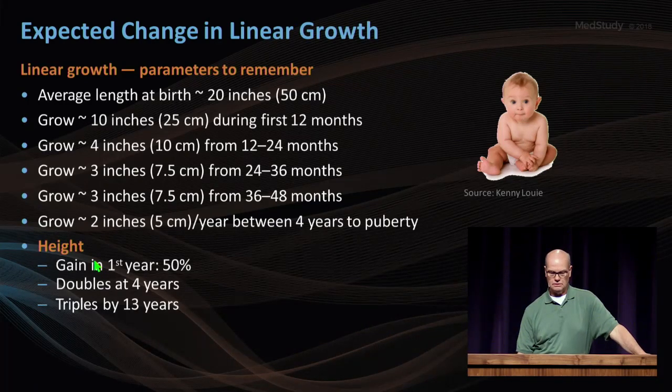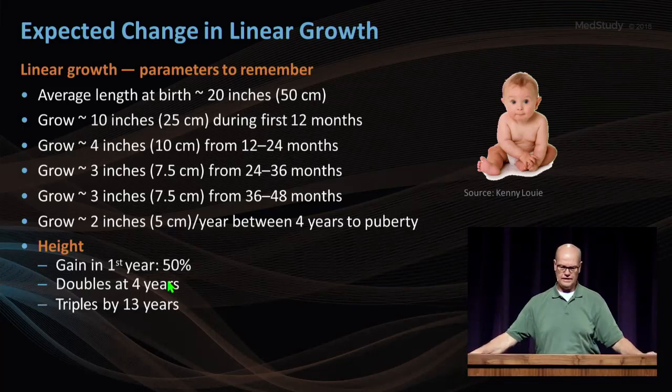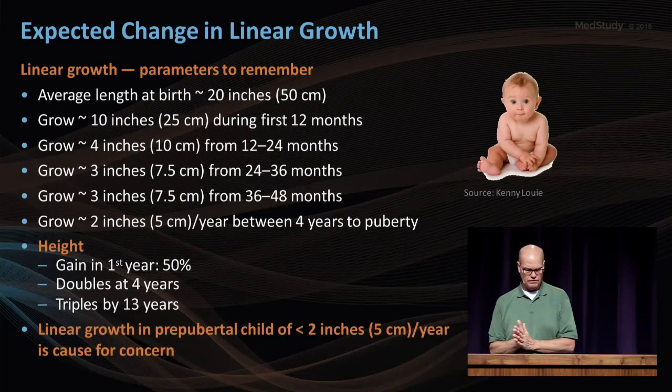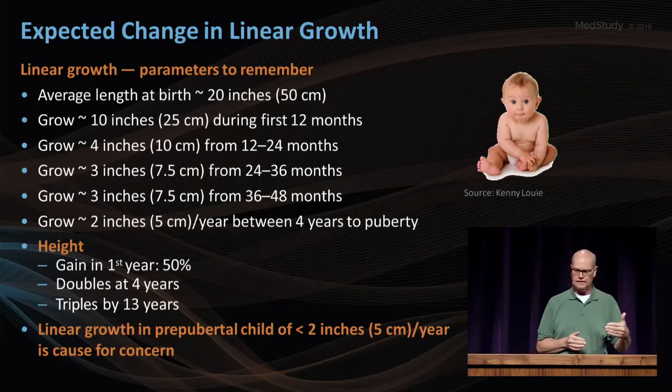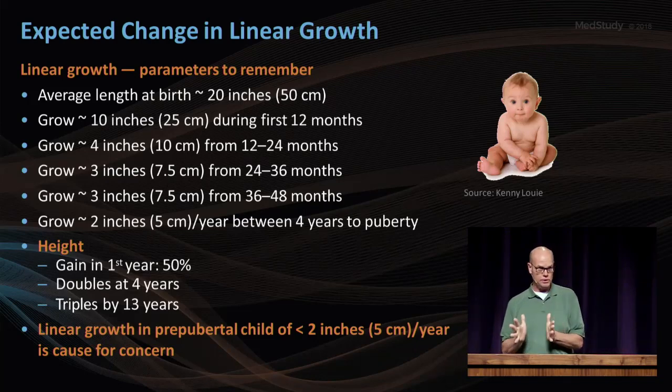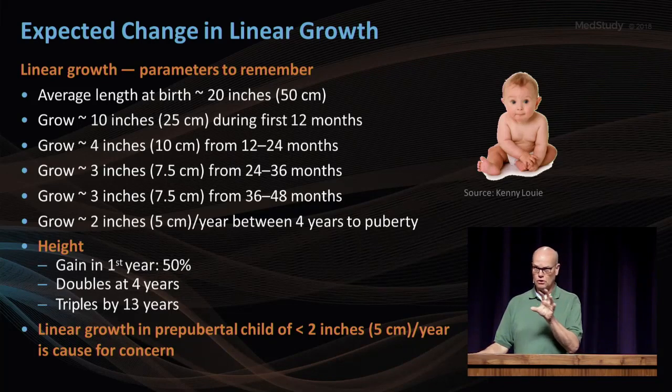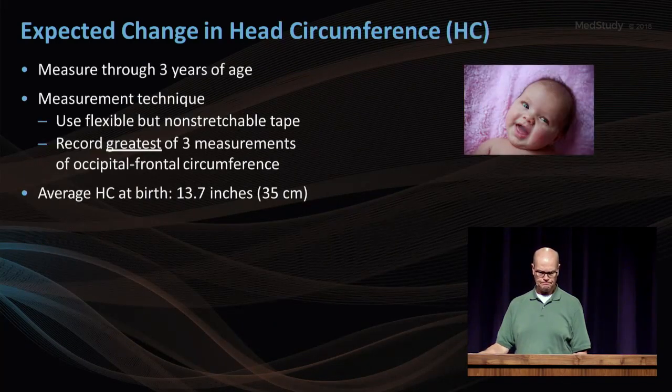Length should increase by 50% in the first year, double by 4 years, and triple by 13 years of age. And that bit of information will help you to assess whether the child is growing appropriately, as will the fact that you should in later life expect, and this is prepubertal, children to grow at least 5 centimeters per year. So I would commit those particular parts of the slides to memory to help you sort through questions.